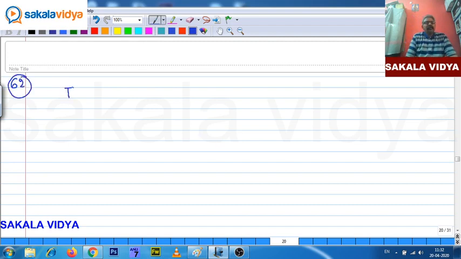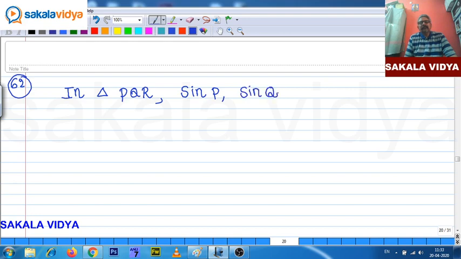Question 62. In triangle PQR, sin P, sin Q, sin R are in AP, arithmetic progression.